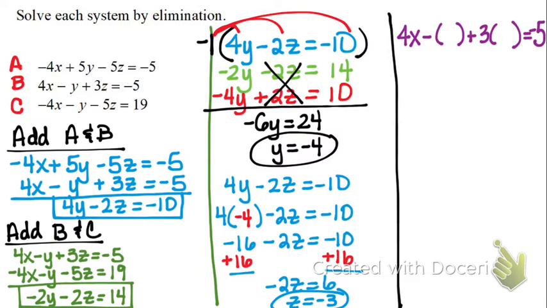So we're going to go ahead and put in our y, which is negative 4, and our z, which is negative 3. So when you subtract the negative, it becomes positive. Minus 9 equals negative 5. Go ahead, take a minute, see if you can finish it out from there.